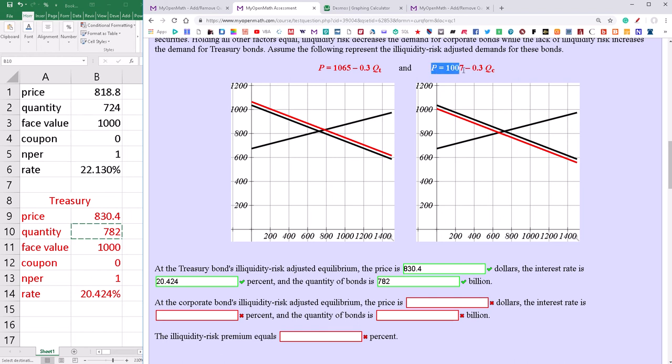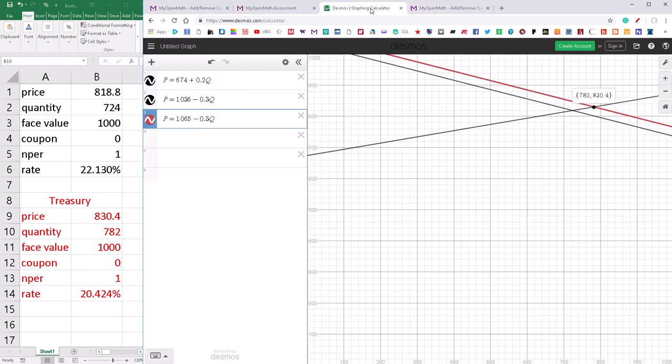Okay, now let's do that for the corporate bonds with less liquidity than treasuries. So I'm going to replace the red one with the red one. The one that was red before was the treasury demand after people realize these are more liquid.